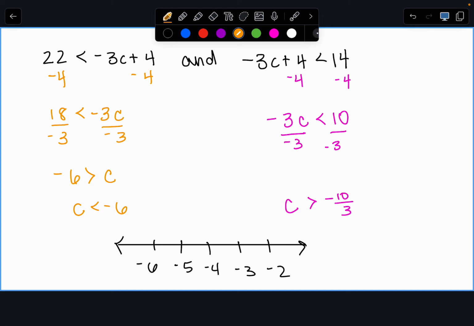Okay, so if c is less than -6, that would look like that. Do you agree? Okay. If c is greater than -10/3, -10/3 would be like -3 1/3.